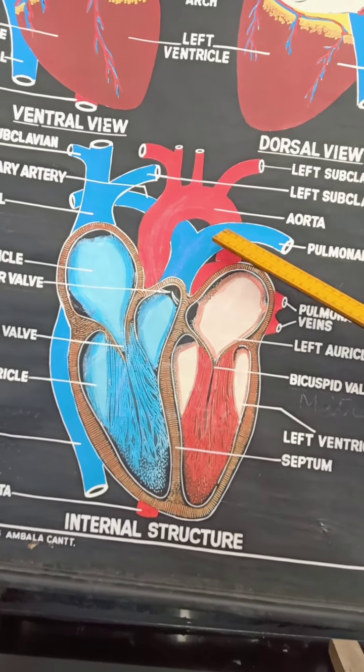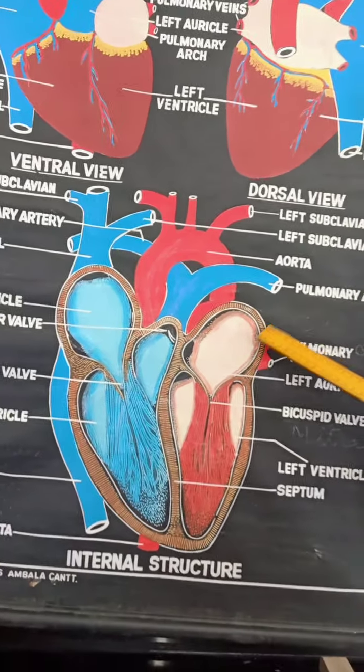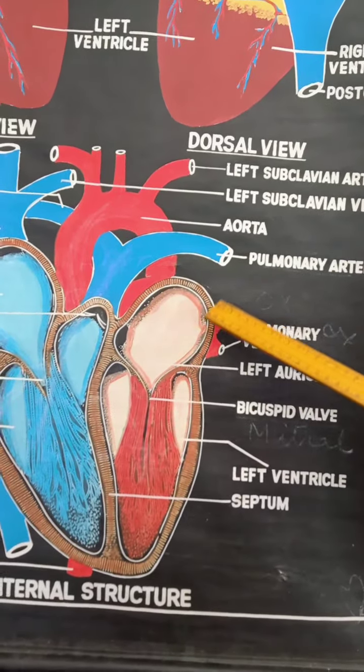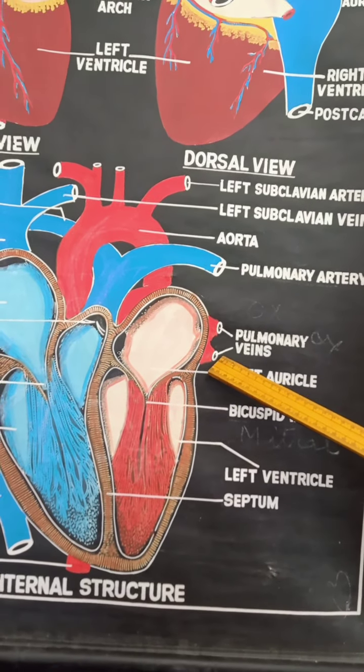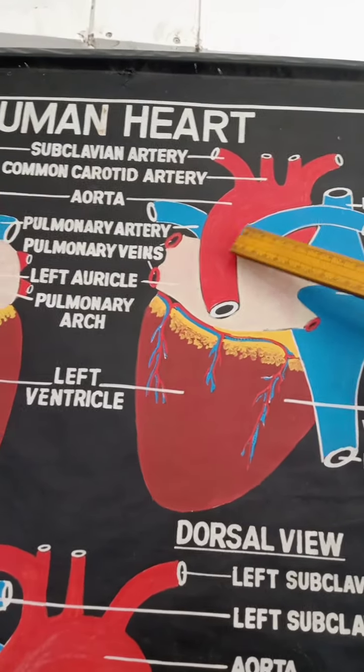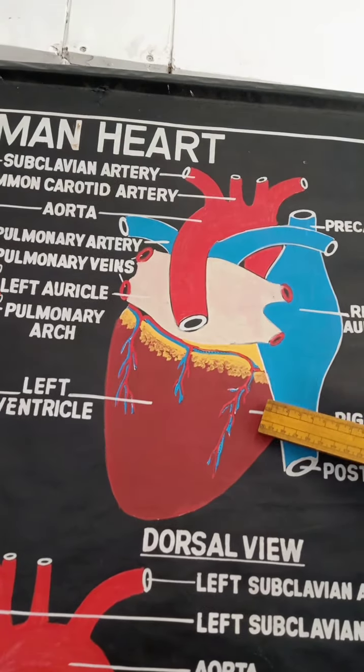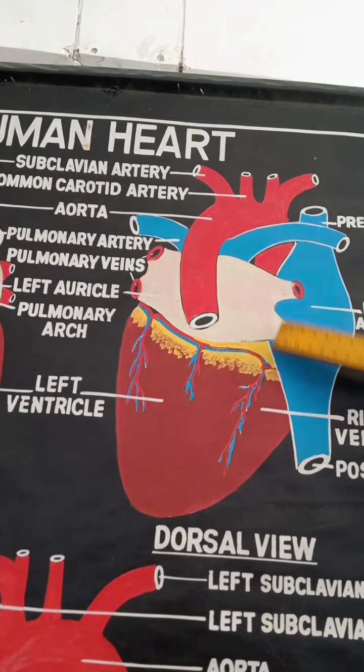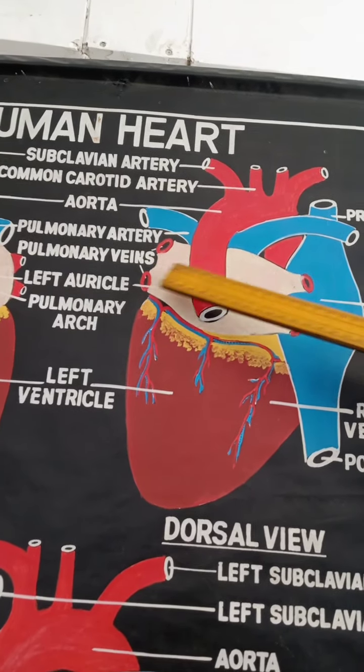Now the pulmonary veins, you can see them here in this diagram because they are present at the back of the heart. This is the back view of the heart, and these are the pair of pulmonary veins.